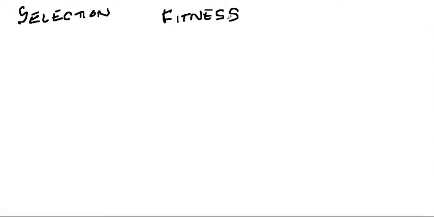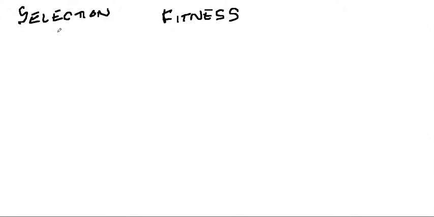Let's have at it. What we're going to start talking about today is selection. And anytime we're talking about selection, of course, we have to be talking about, most appropriately, fitness. And remember, we think of fitness as the number of offspring an individual reproduces.